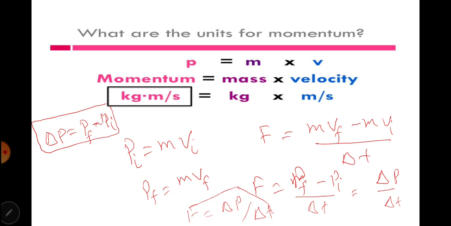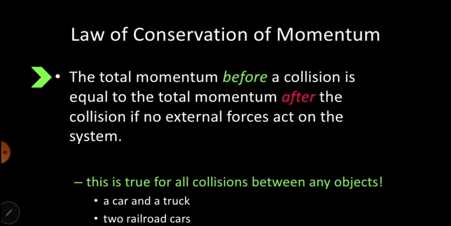Now this is the difference between final momentum and initial momentum. So from this we can define force as del p divided by del t. The change in momentum with respect to time is called force.